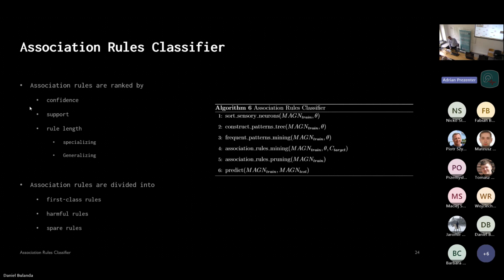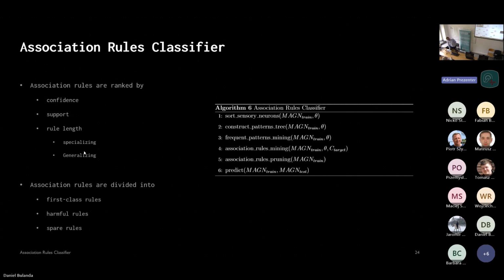But if there are more than one rule that have the same confidence, which is really common, maybe it's not obvious, because we produce billions of rules very often, so many of them may have the same confidence score. So if the confidence is the same, then we ask for support. Support is basically how popular, how common the rule is. And if the support is again the same, which is also a very common scenario, it may be not intuitive, but that's how it works, then we ask for rule length.